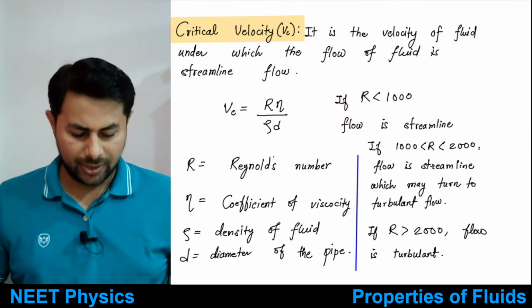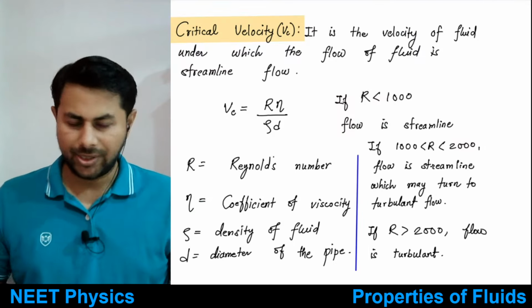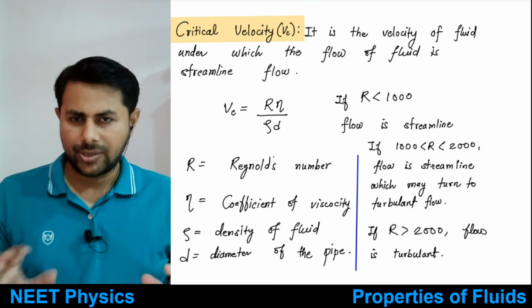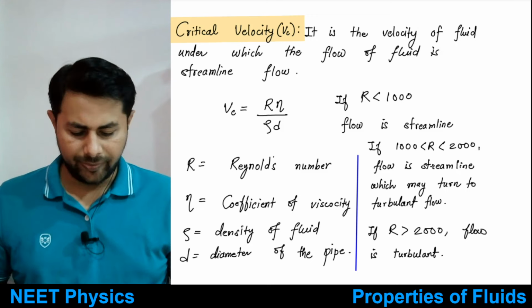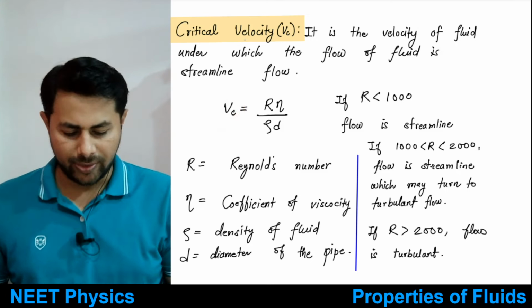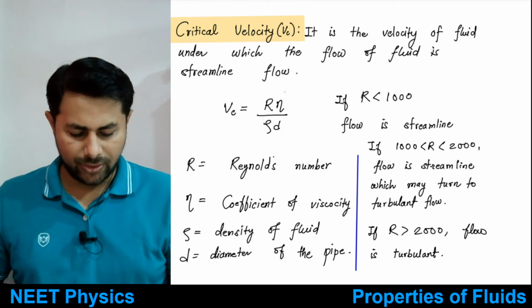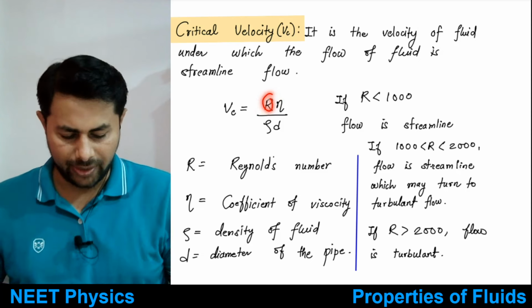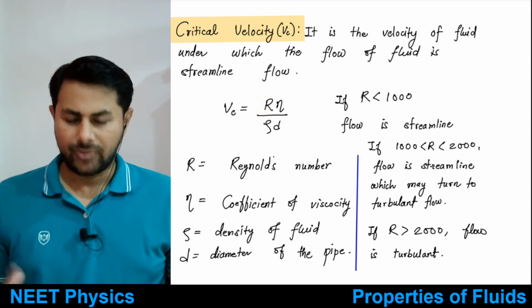Then there was a mathematician called Reynolds who found certain criteria, who found the value of a velocity above which this flow will become turbulent. So he found a number called the Reynolds number. What is Reynolds number?